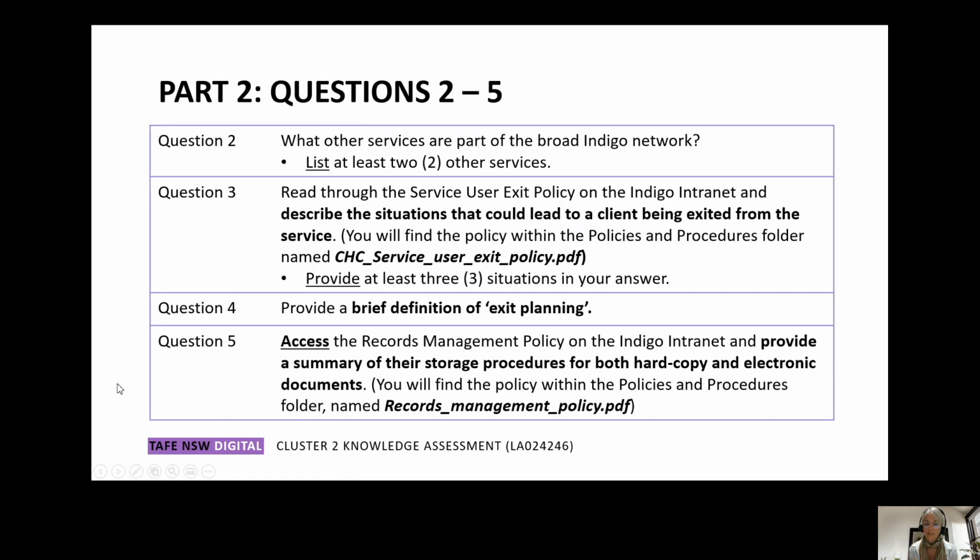So read that policy and provide a summary of how hard copy documents are stored and the procedures for storing electronic documents. And once you get to that task, you have completed the assessment, I'm pretty sure.